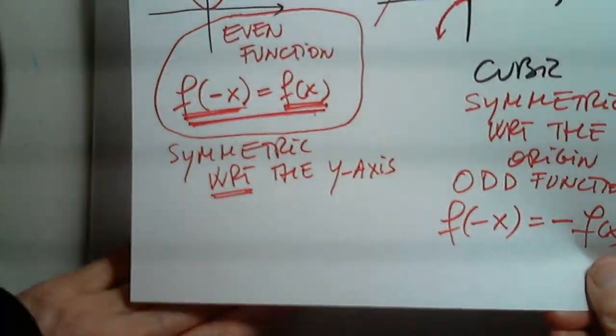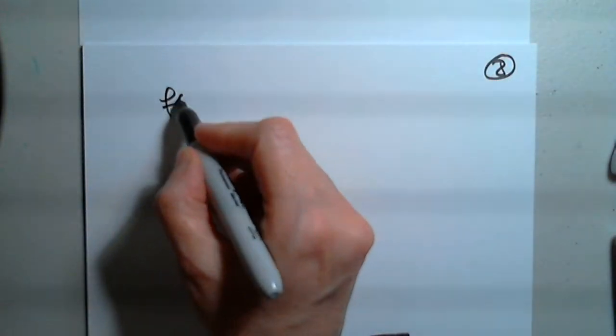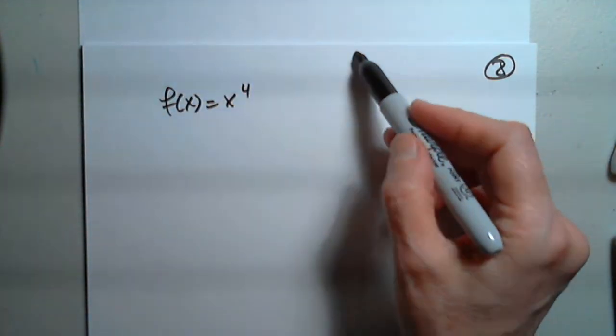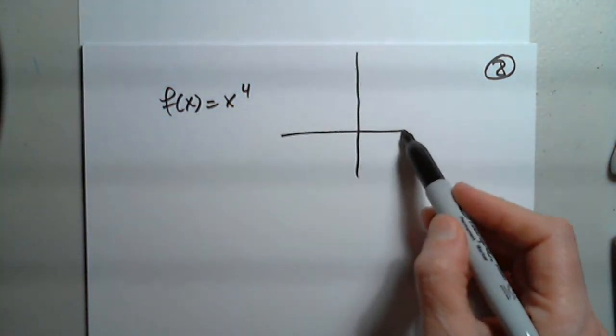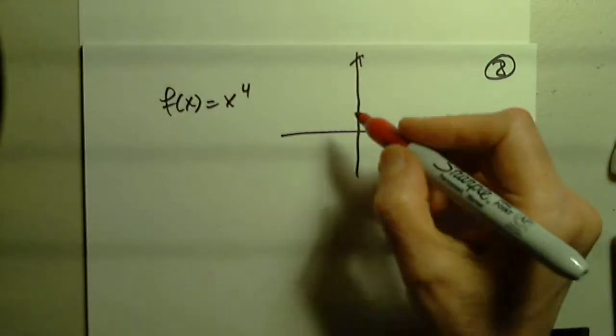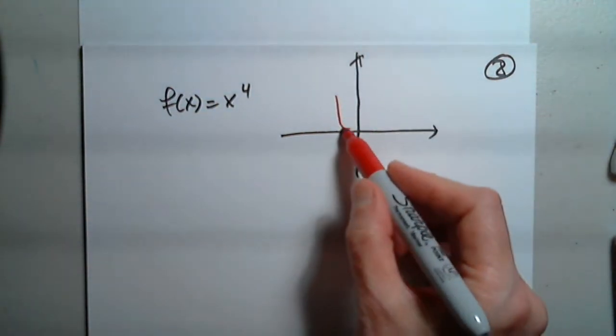And finally, just the fourth degree. So let's say f of x equals x to the fourth. It's very similar to the quadratic, but it's flatter here.